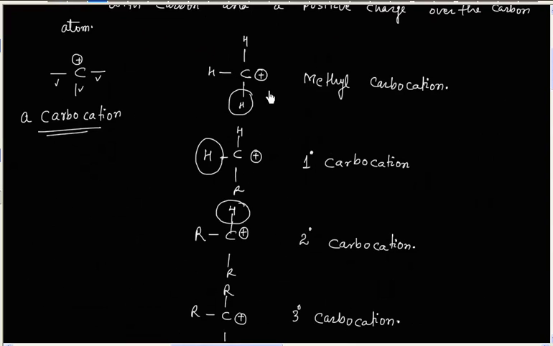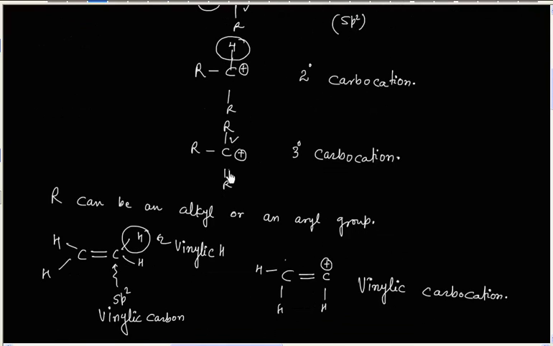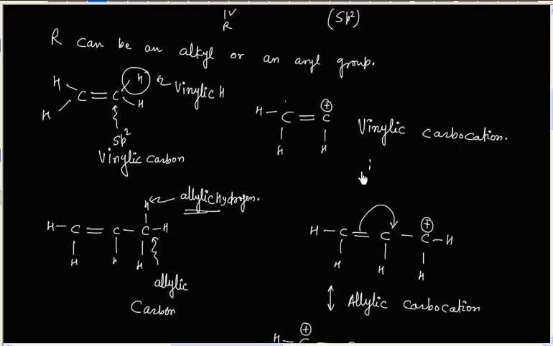If you see methyl carbocation, this is sp2 hybridized. 1 degree carbocation, sp2 hybridized, because it has 3 groups. 3 degree also sp2, 2 degree also sp2. So these carbocations are sp2 hybridized. Vinylic carbocation has 2 groups only. So this is sp hybridized.